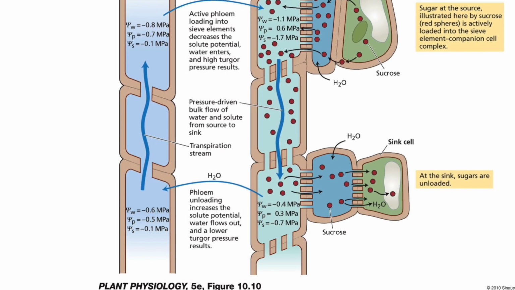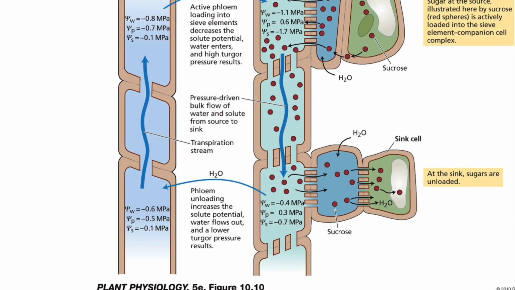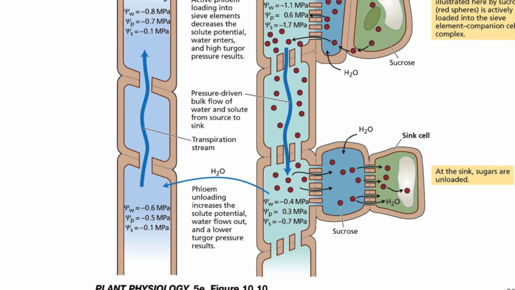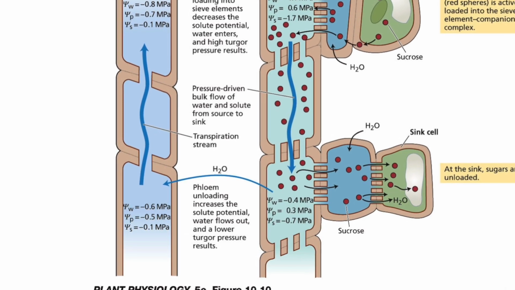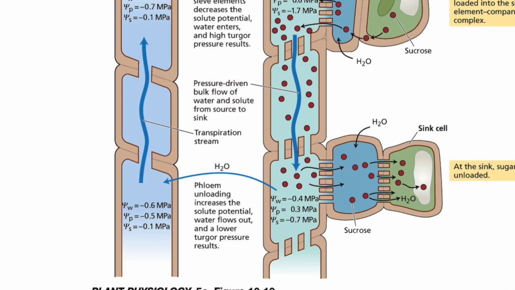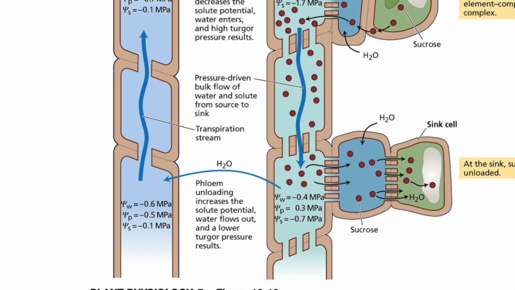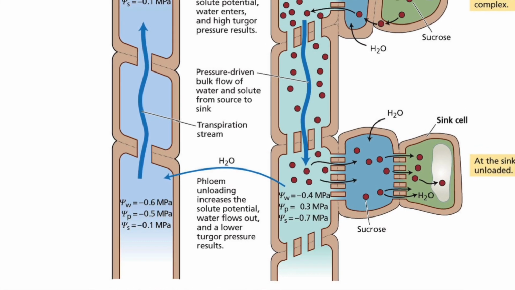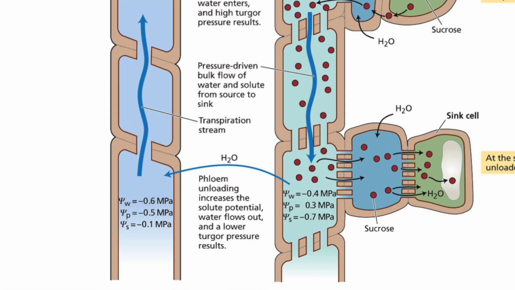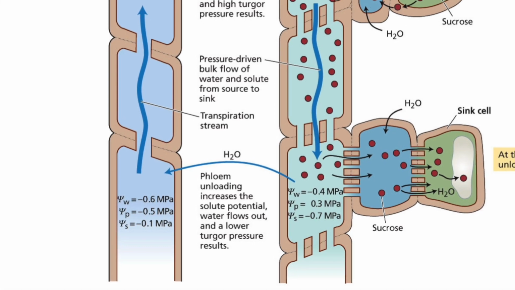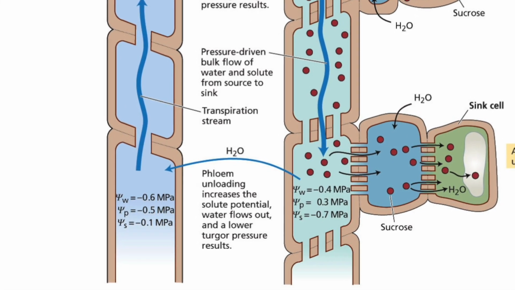And the pressure potential, psi p here, is equal to minus 0.5 megapascals. That is, it's under tension. And there are some solutes in the xylem that create a solute potential of negative 0.1 megapascal.